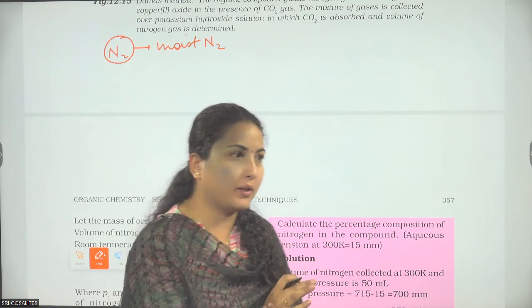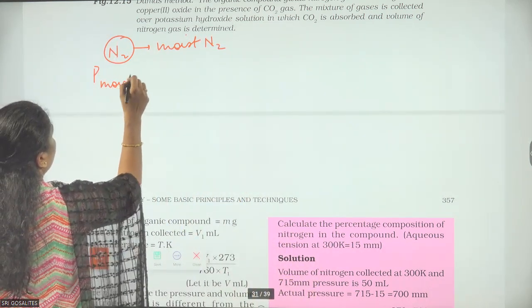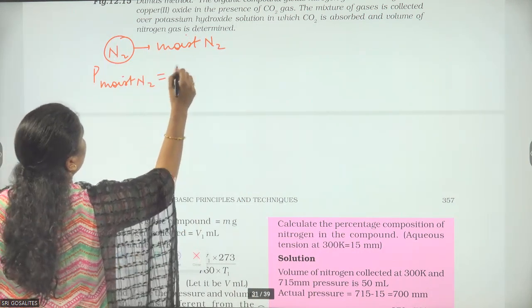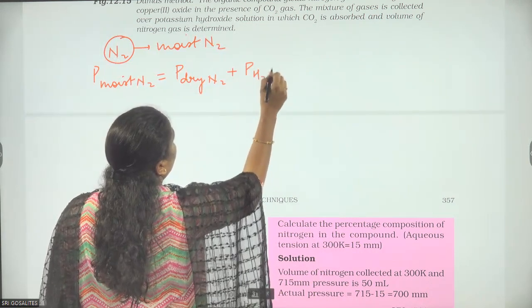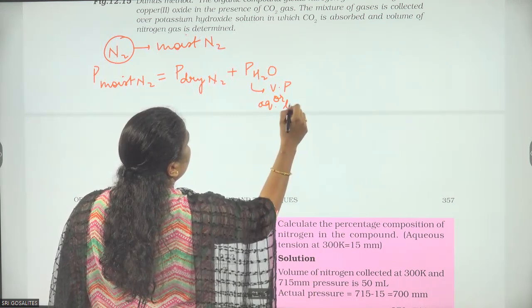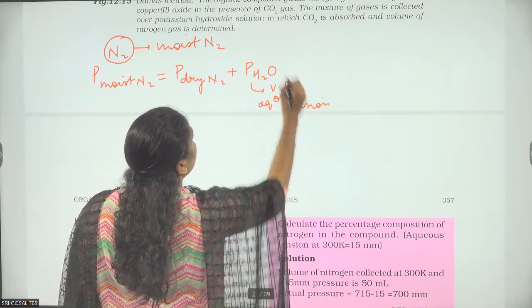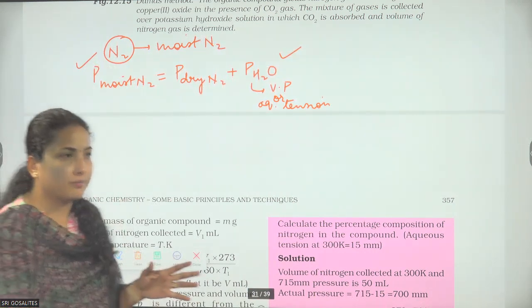So whatever pressure we record is the pressure of moist N2, which equals the pressure of dry N2 plus the vapor pressure of water at that temperature, also called aqueous tension. This will be given to you in the question.